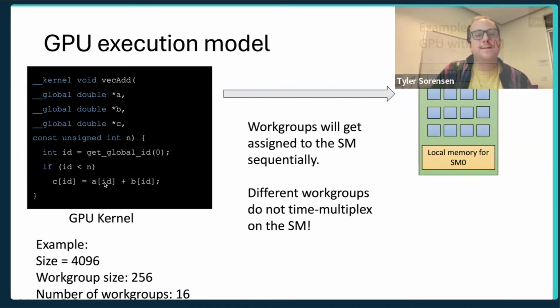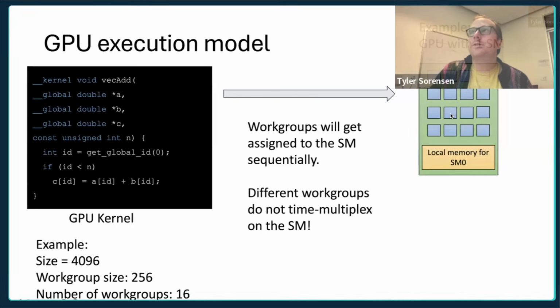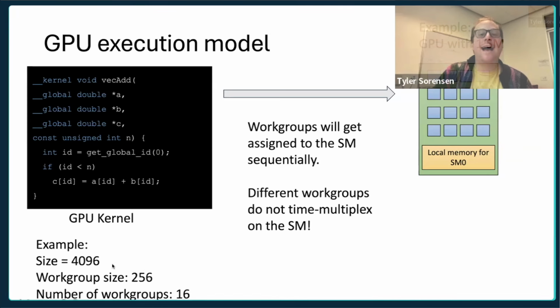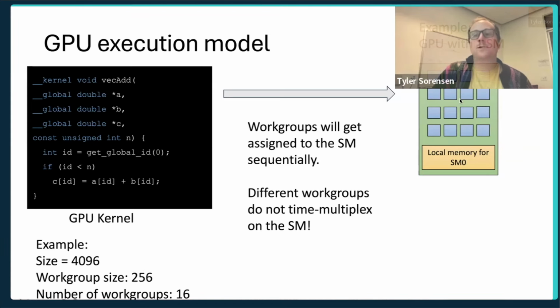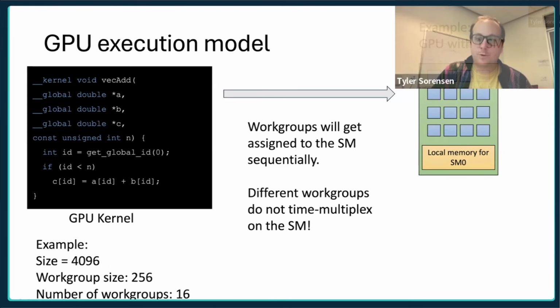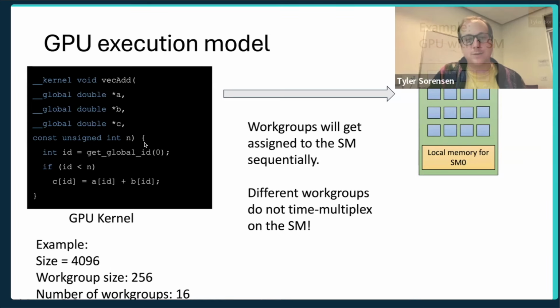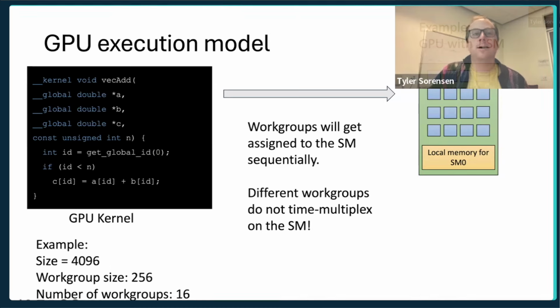And our GPUs are typically too small to handle as many threads as we need. So the first work group is going to get put on the SM, and then it's going to execute till it's done. Then the second work group is going to get put on, then the third work group, then the fourth work group. And it's going to give you as a programmer the illusion that you have as many threads as you need, even if they execute sequentially over here.